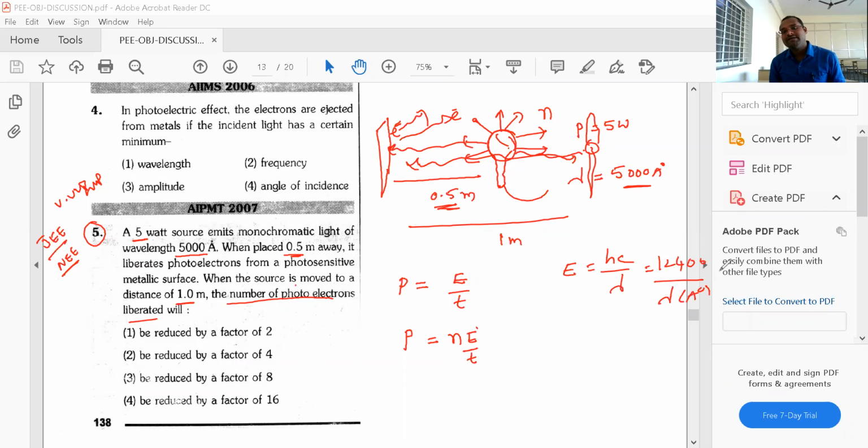We'll get the energy of each photon, and we can find the number of photons also. And one more formula: power P is equal to intensity of incident radiation upon area of cross section.